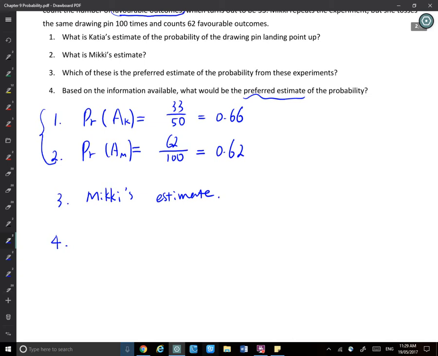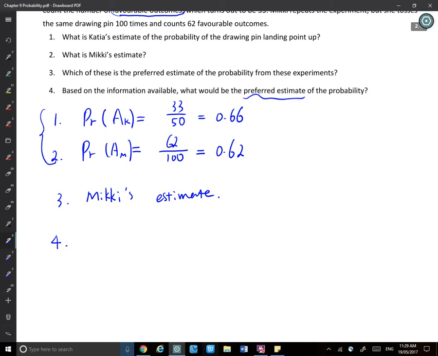But based on all the information, think how many experiments in total have been done. For two people in total, 150. The number of favorable outcomes in total is 95.